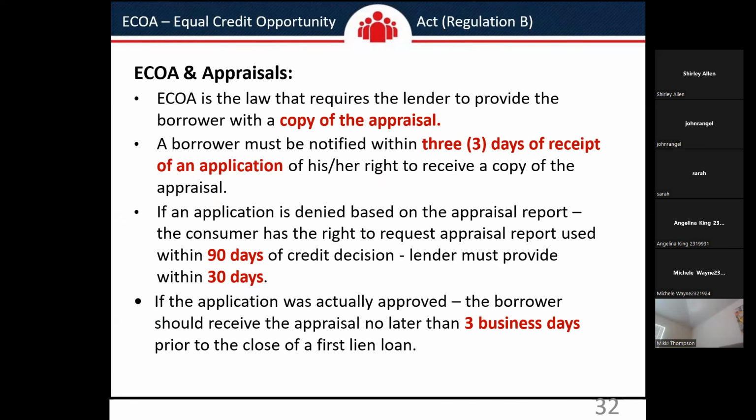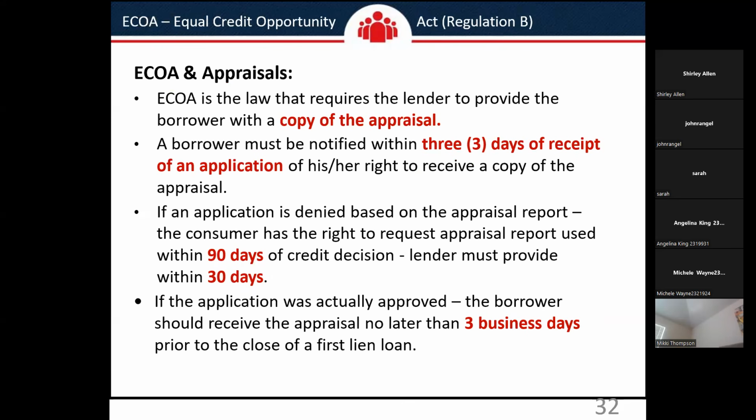ECOA, again, an appraisal. It's still the law that requires the lender to provide the borrower a copy of the appraisal. A borrower must be notified within 3 days of receipt of an application of his or her right to receive the copy of the appraisal. If an application is denied based on the appraisal report, the consumer has the right to request the appraisal report that was used within 90 days of the credit decision, and the lender must provide it within 30 days.